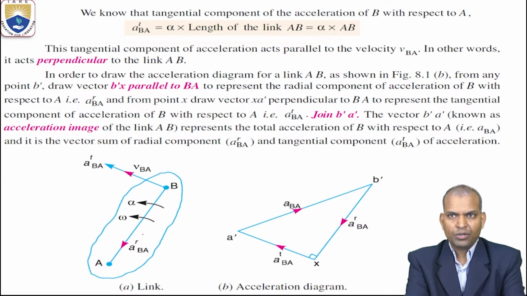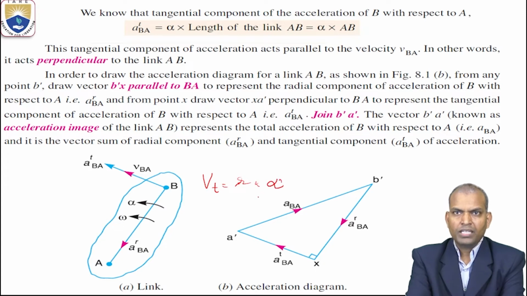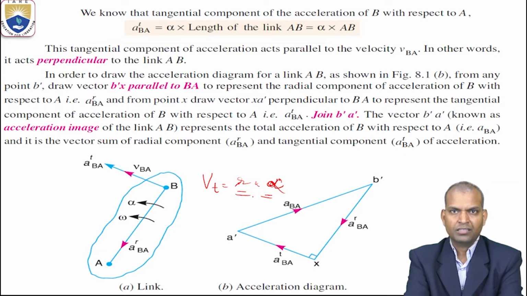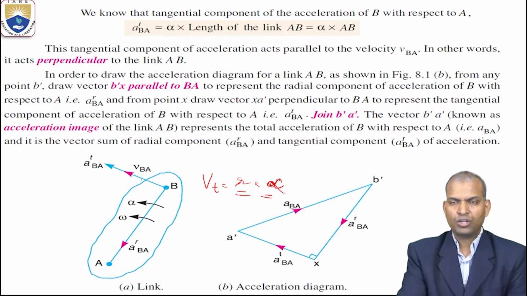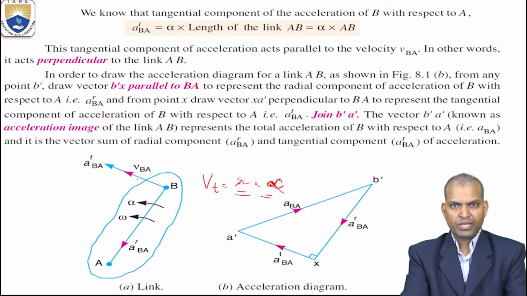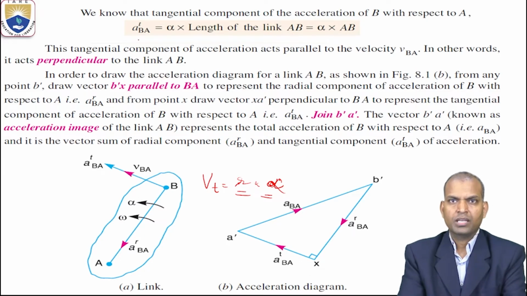For this tangential component, we know the formula Vt equals r times alpha, where alpha is the angular acceleration. Angular acceleration times the radius or length of the link. That is, the tangential component of B with respect to A, AT, equals alpha times the length of the link AB, that is alpha times AB.